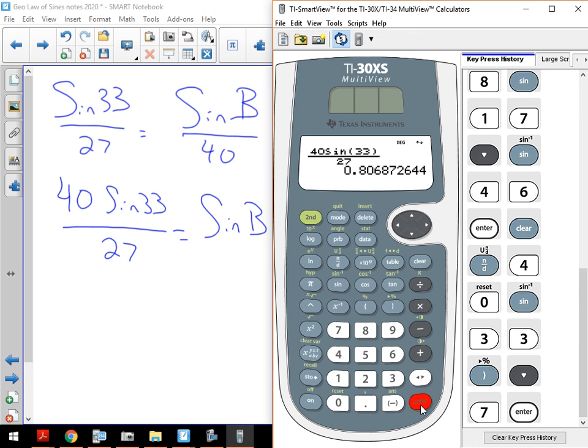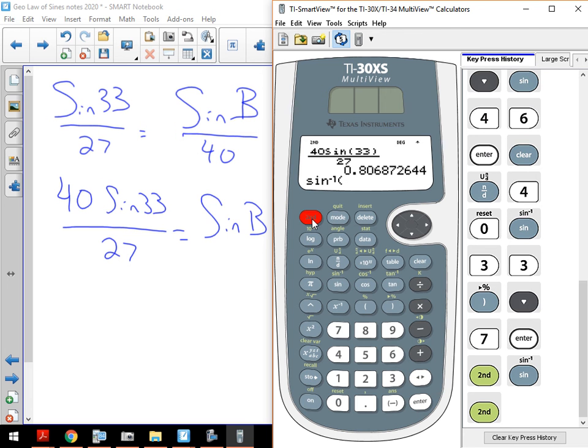There's my crummy decimal. This crummy decimal equals the sine of an angle. Remember when we did that before, we were just inversing. So now what we have to do is hit second sine of your answer.